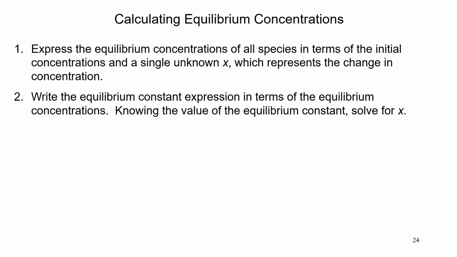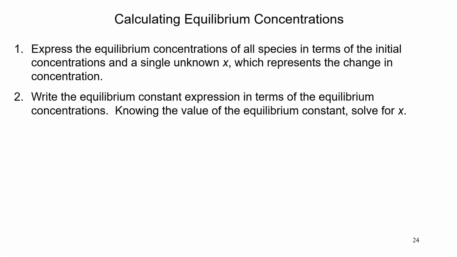So the equilibrium constant expression, that's our Kc expression, we're going to write in terms of those equilibrium concentrations. We do that normally, but now instead of doing it in terms of just brackets with a symbol inside, we're actually going to plug in some numbers, and we're going to talk about the X's in a minute.